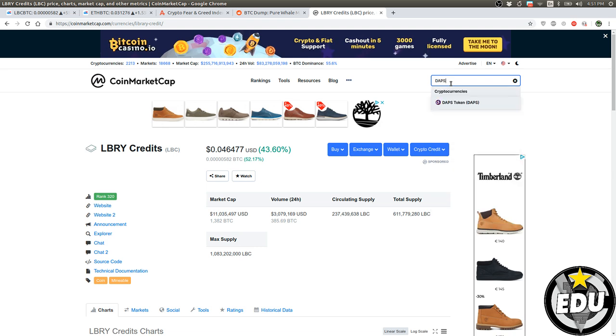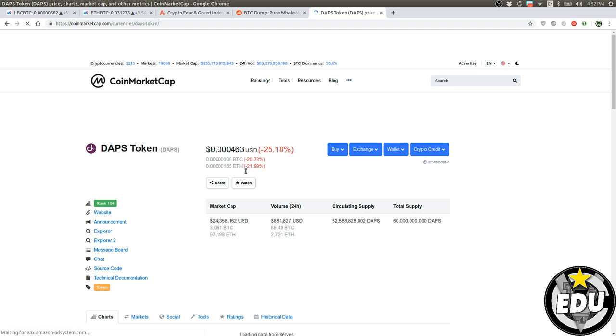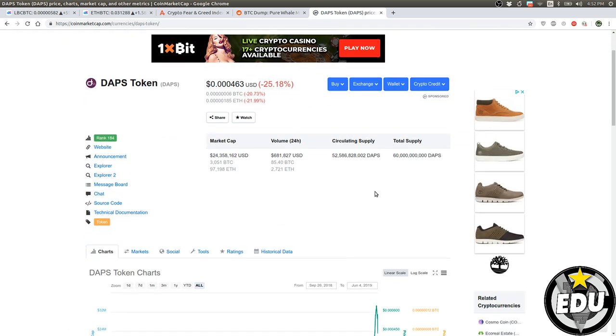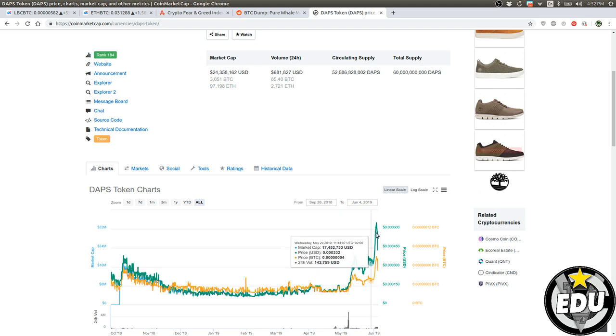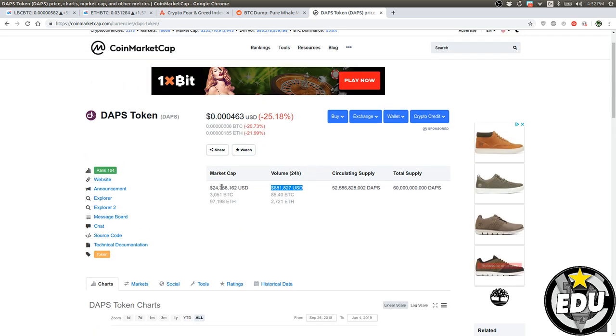Actually, DAPS is doing something. What is it now? 6. Yeah, 6. Didn't crash that much. Boom. This is very low, but the market cap is 24 million. Oh, volume, look at this. This is funny.